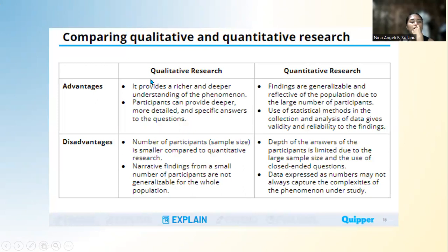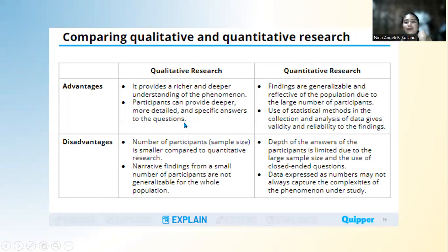First, the advantages. Quantitative provides a richer and deeper understanding of the phenomenon, but here, findings are generalizable and reflective of the population because this has a large number of participants. Unlike in quali, participants can only provide deeper, more detailed and specific answers.